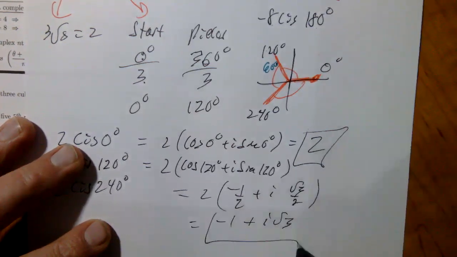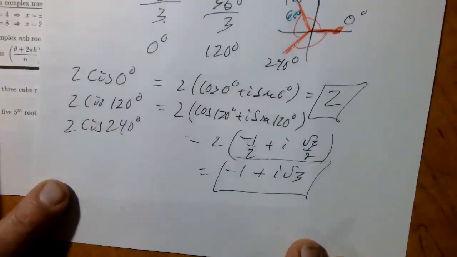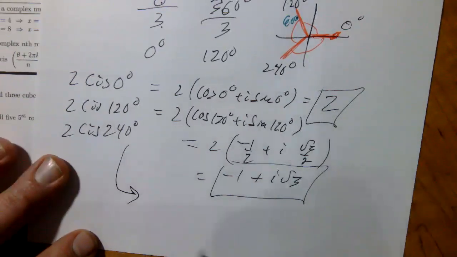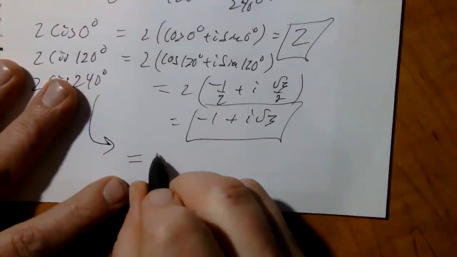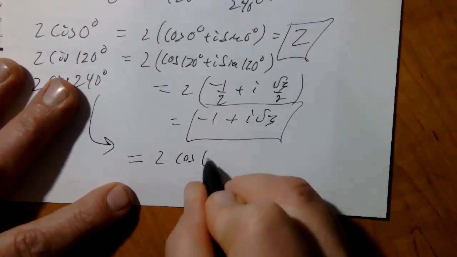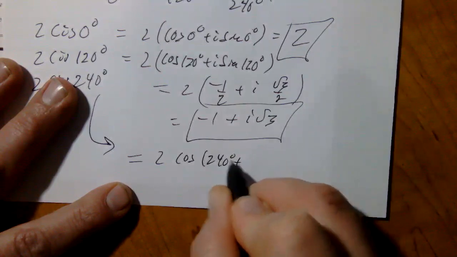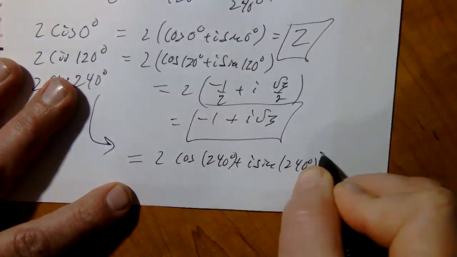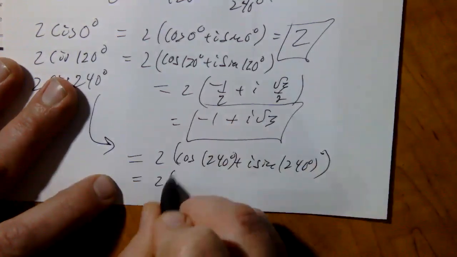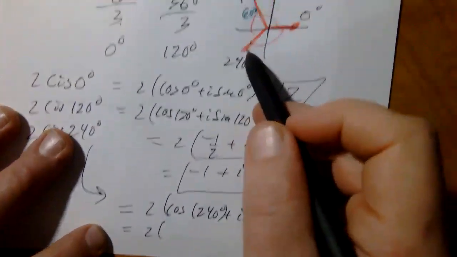All right, so there's actually another one. And then this one, cosine of 240, do the same thing, would be 2 cosine of 240 plus i sine of 240. Or again, 240 here, the reference angle is going to be the same thing, right?